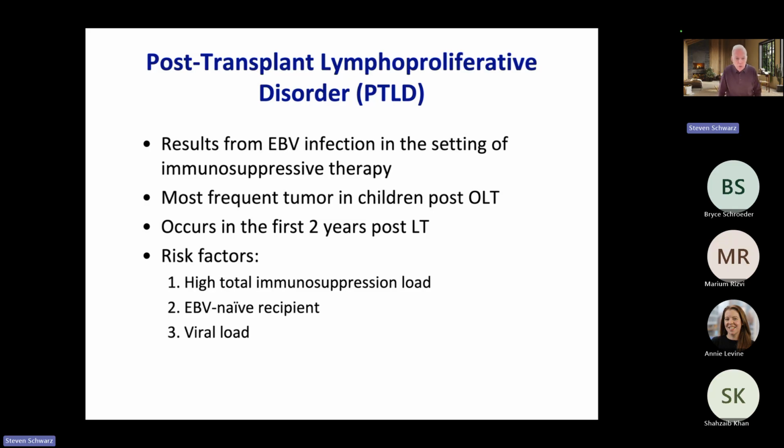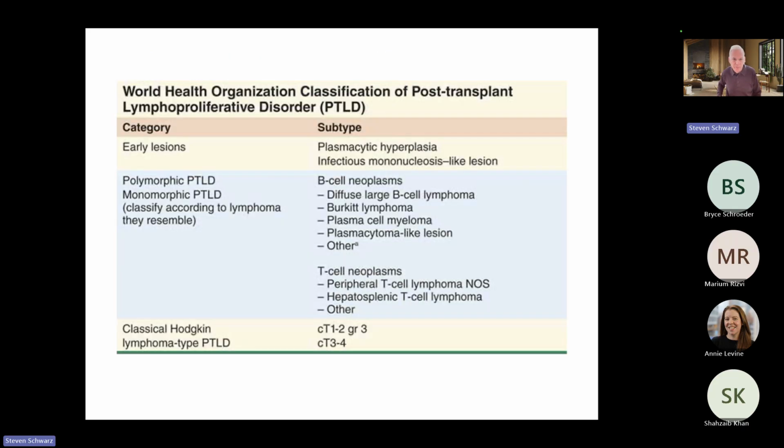Risk factors include a high immunosuppressive load. If patients are given more immunosuppressive drugs because of the problem of rejection, a patient who has never seen EBV before, and of course, what is the viral load that the patient is presented with. So this is the classification of PTLD. Early lesions at the top is just a plasmacytic hyperplasia and a lesion which looks like mononucleosis.